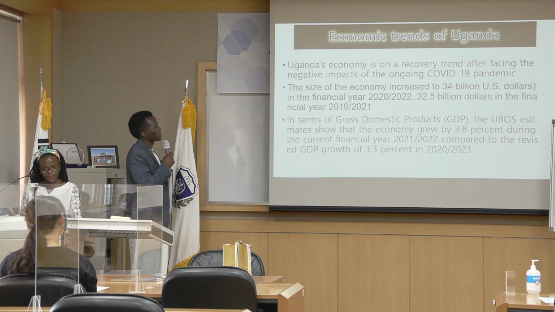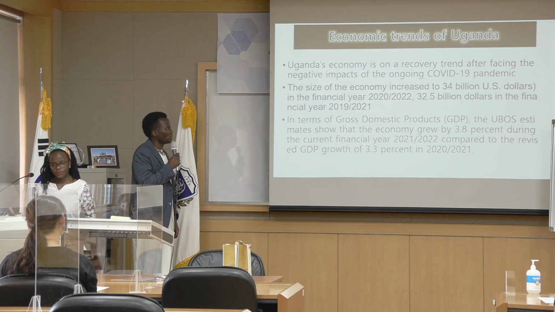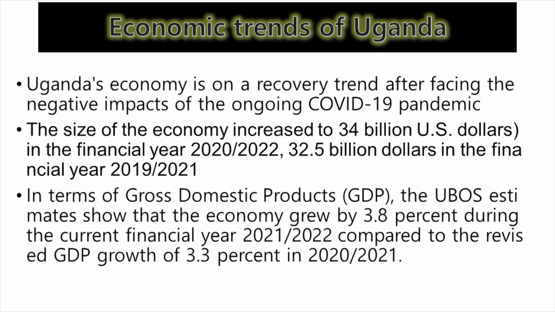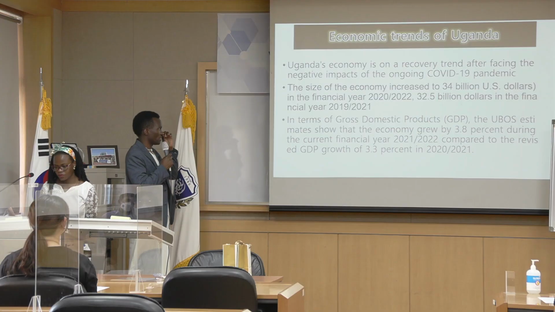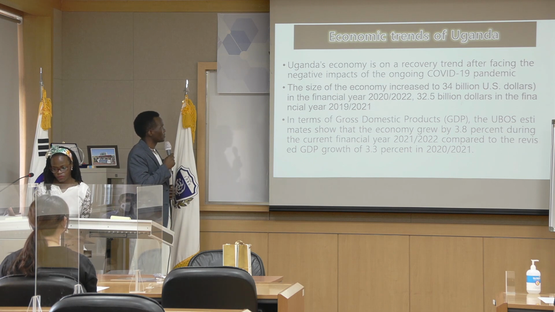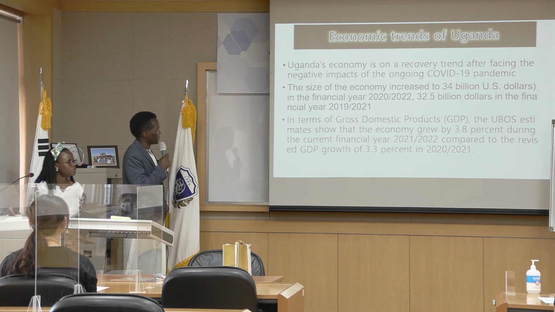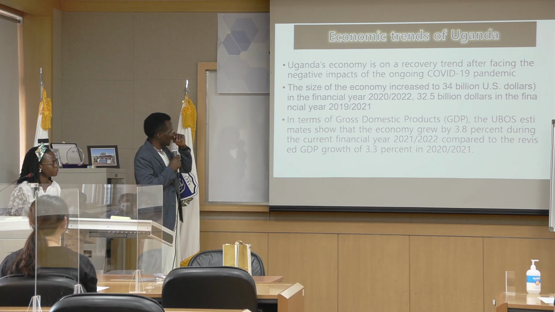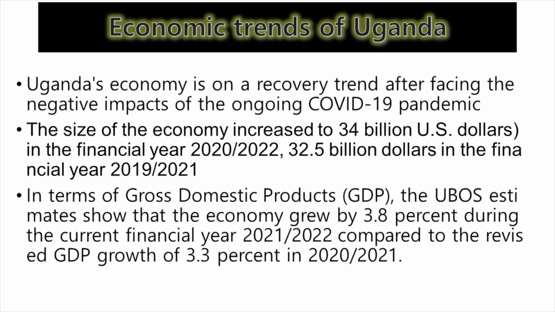Uganda's economy is on recovery, as you all know, because of the COVID-19 pandemic, and the size of the economy has increased to $34 billion in the financial year 2021-2022. Before it was $32.5 billion in the financial year 2019-2021.